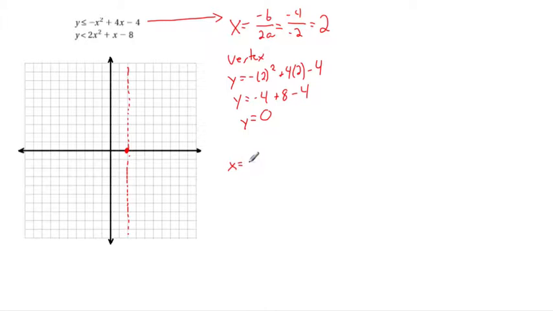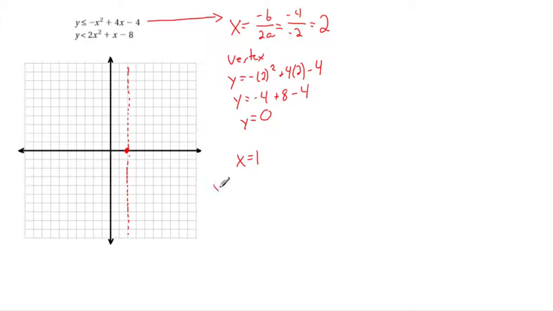So for x equals negative 1, we got y equals negative 1 squared plus 4 times negative 1. Oh, sorry. That's why I'm confusing myself. We're looking at positive 1.